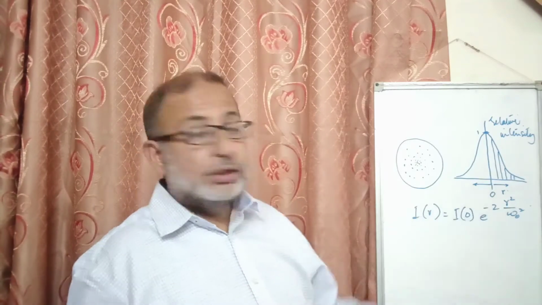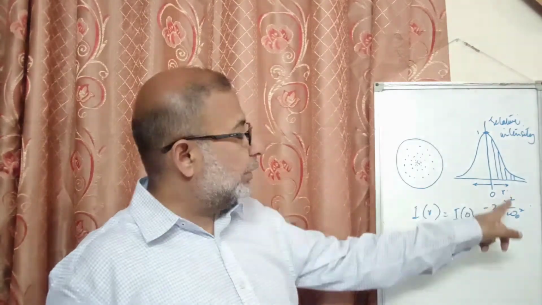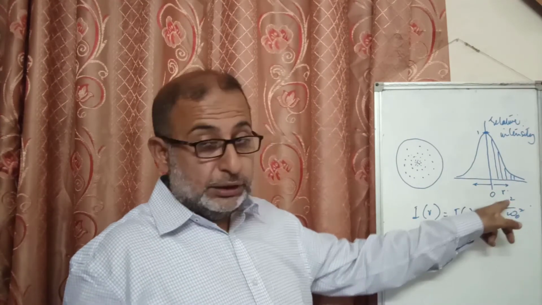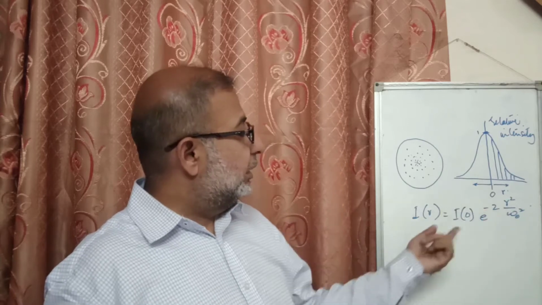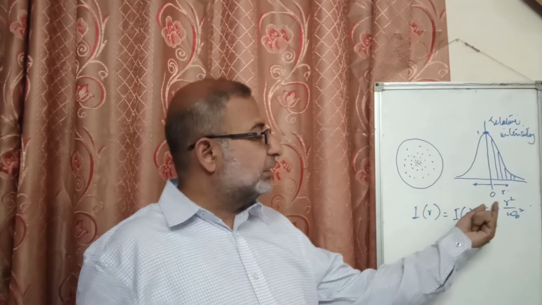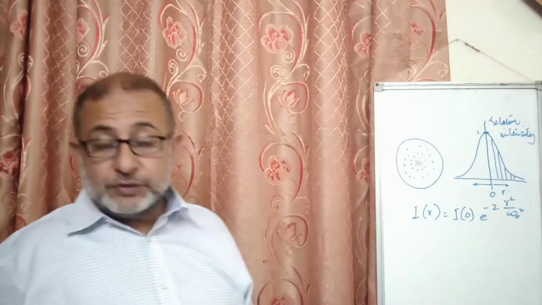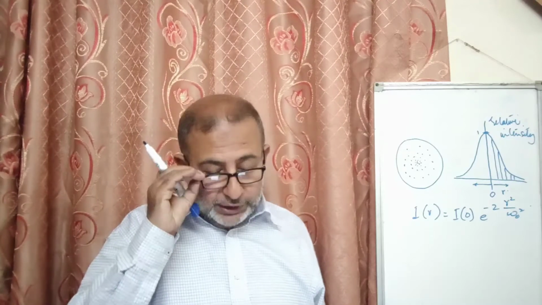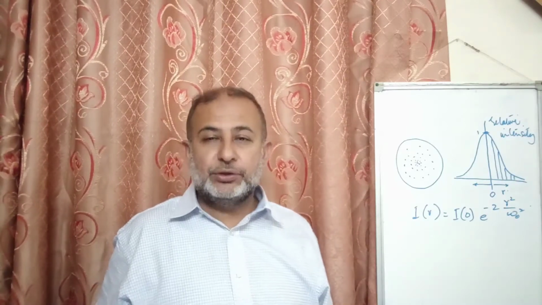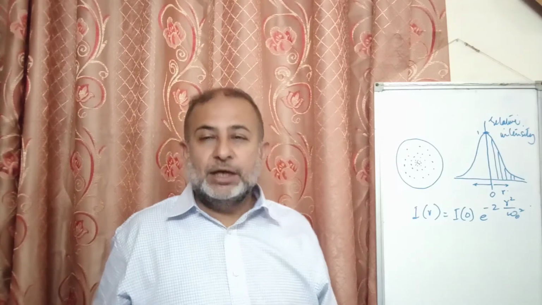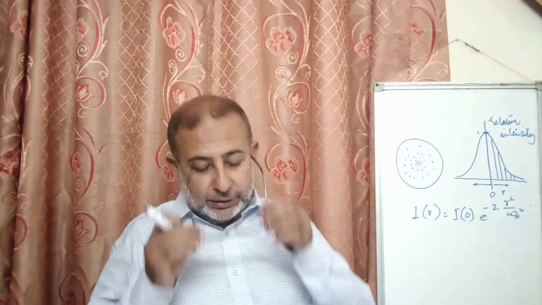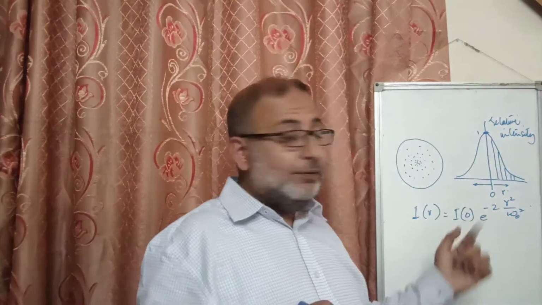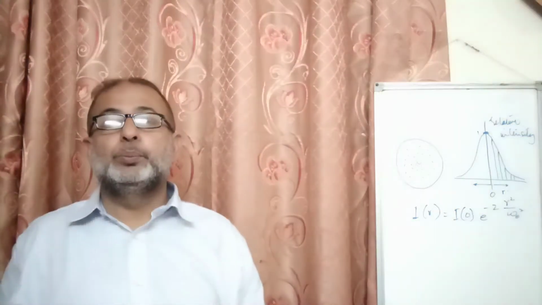R square equals W naught square, so these two terms would cancel out, and we would be left with e raised to minus 2, which gives the value 0.135. So the mode field diameter is the cross-sectional dimension, 2 times W naught, where the beam's intensity drops to 0.135 times the peak value.